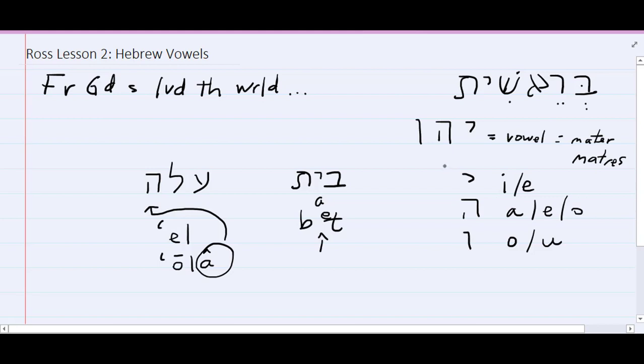Mater lectionis, matres lectionis, mothers of reading. Just as a mother holds her child's hands to help him walk, so the matres lectionis, the mothers of reading, hold our hands in helping us to vocalize the Hebrew text.